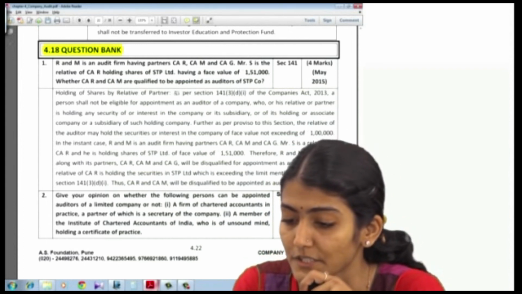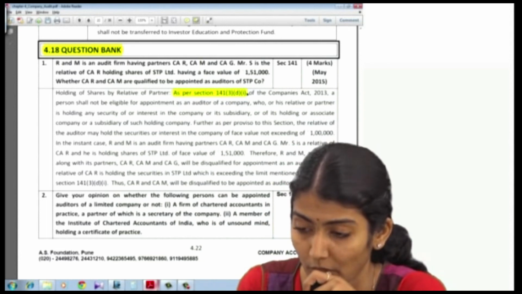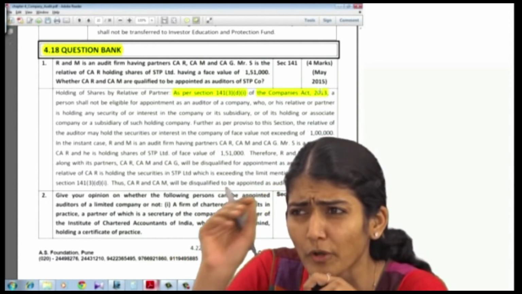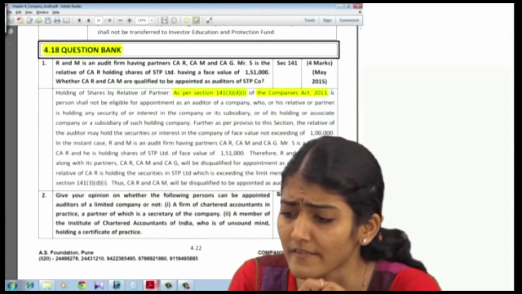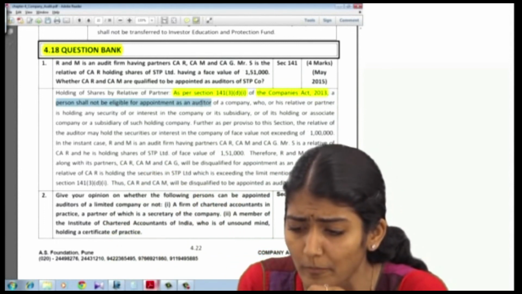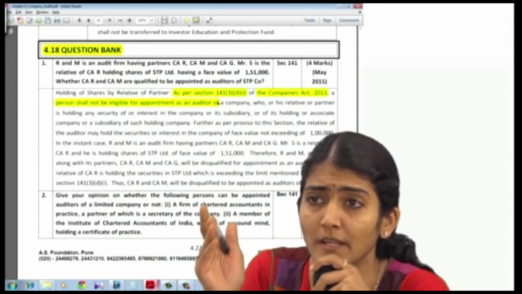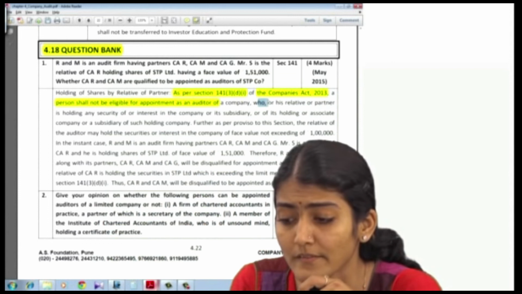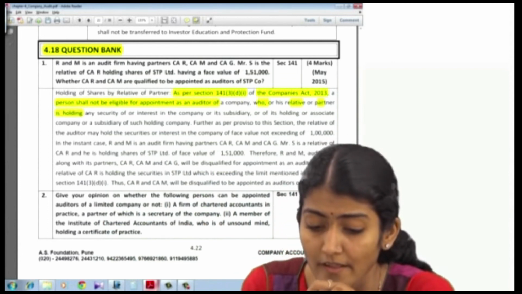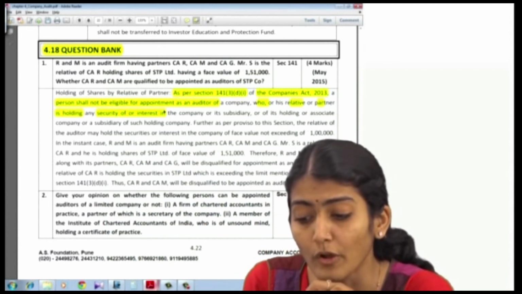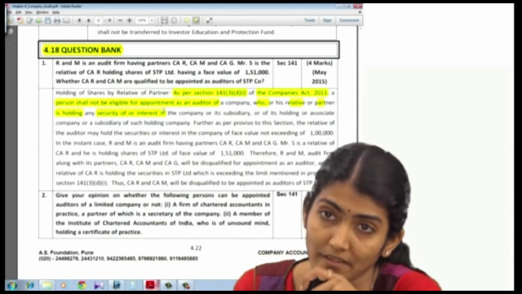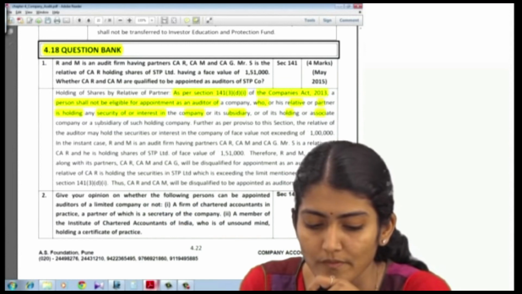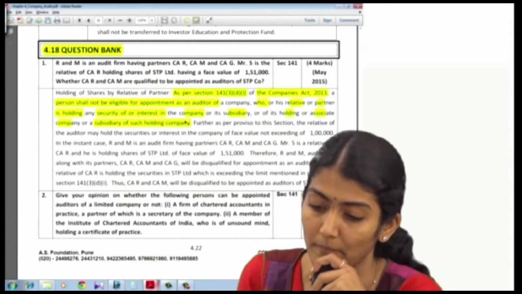So as per section 141(3)(d)(i) of the Companies Act 2013, the common sentence before the 9 clauses, a person shall not be eligible for appointment as an auditor of a company. Yes, you have to remember this sentence. Who or his relative or his partner is holding any security of or interest in the 5 companies. Which are the 5 companies? Company, subsidiary, holding, associate or subsidiary of such holding company.